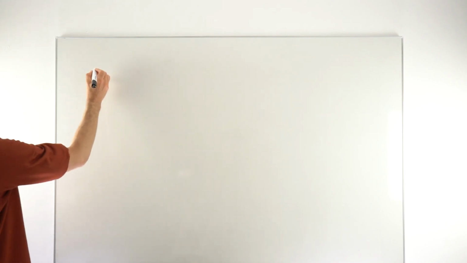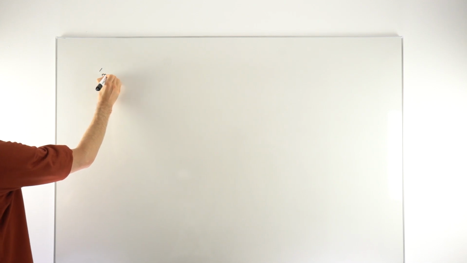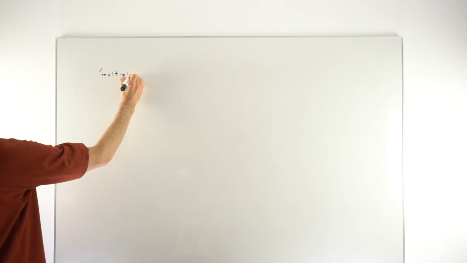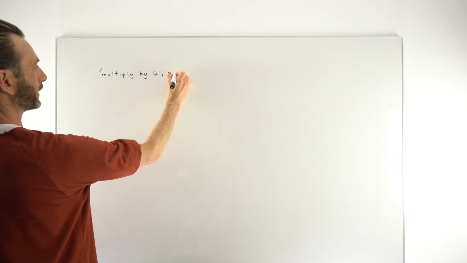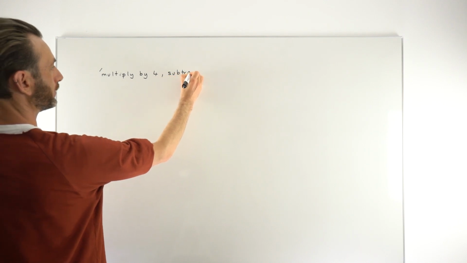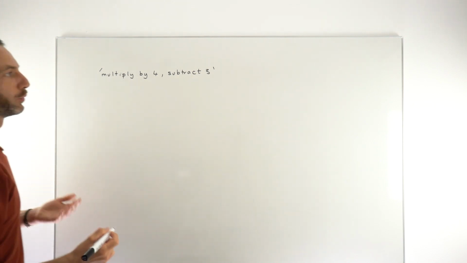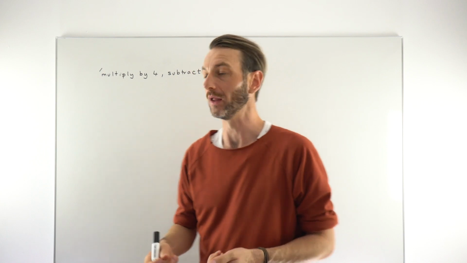So let's say our rule, I will write this one in words, is to take a number, multiply the number by 4, and then subtract 3. That's a rule we want to express in an algebraic formula.